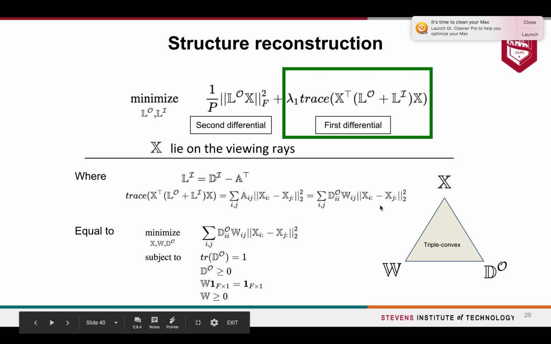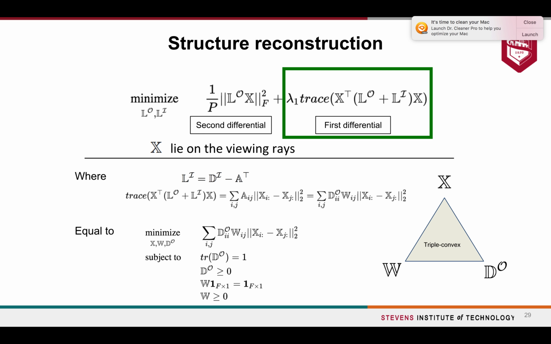And here the second part is actually our definition for the Laplacian, called the Laplacian quadratic form for the directed graph. The original Laplace quadratic form is for the undirected graph, which is equal to penalizing the difference between each 2 neighboring frames.